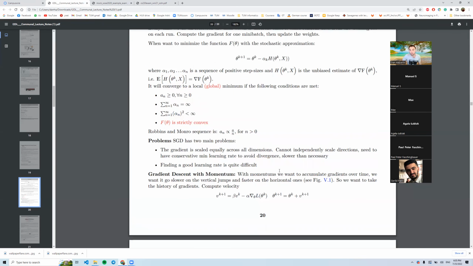So basically, what is the point of using momentum? I want a full answer, guys, in the chat. I will go over all of them, so don't worry. Past saddle points is not a full answer.